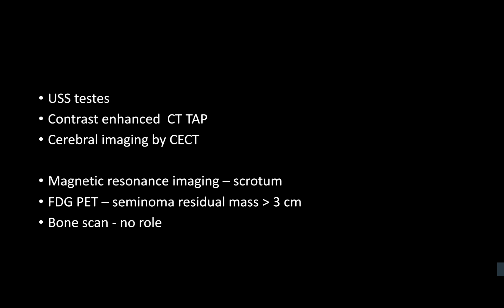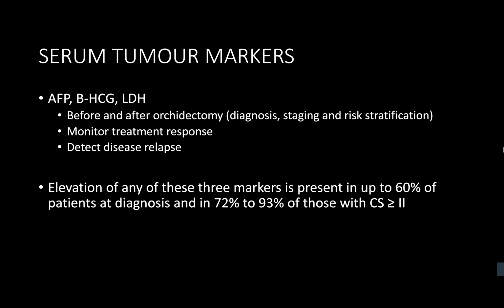Okay. So you have done the serum tumor markers. What is the importance of serum tumor markers in testicular tumor? It's important for primary diagnosis, and then for follow-up of the treatment, for prognosis and for staging as well.